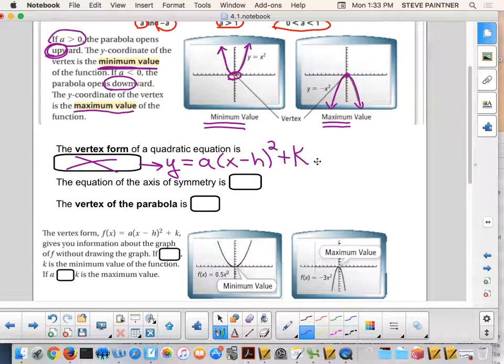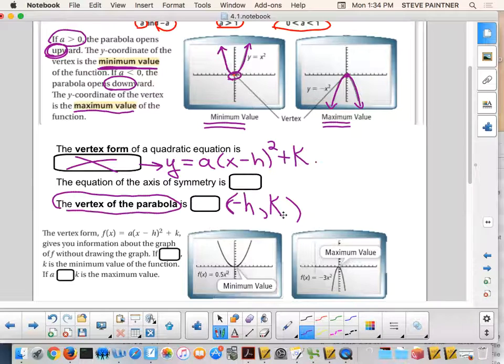Here's what else you can do. You can pick out the vertex right away. The vertex of the parabola in this form is blank, blank. Tell me what the vertex is going to be. You know it's always (0, 0), unless negative h, k.